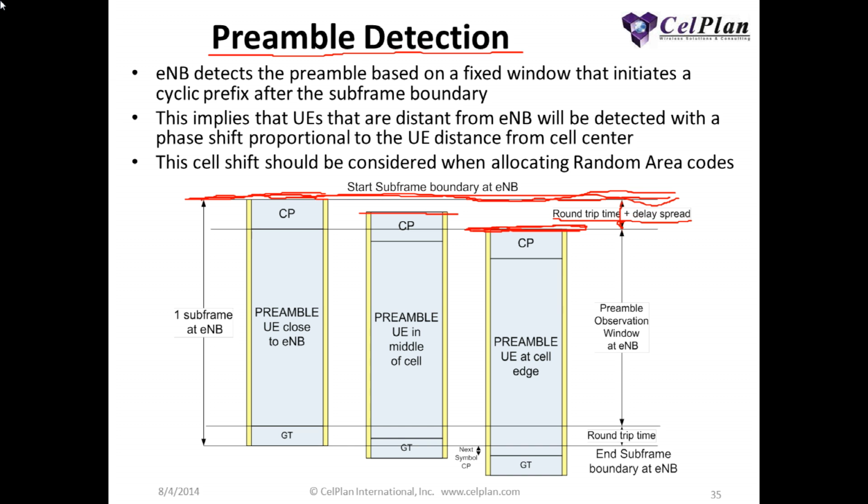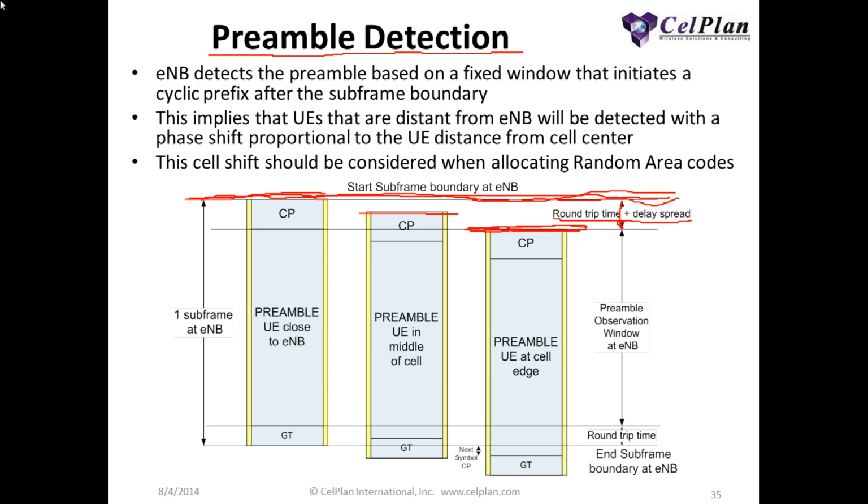The Zadoff-Chu codes, when allocated, have to consider this distance or phase shift. So this is very, very important. And we will see that we consider all of this in the dimensioning of the random access parameters.